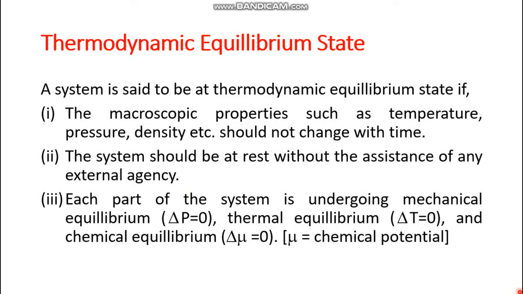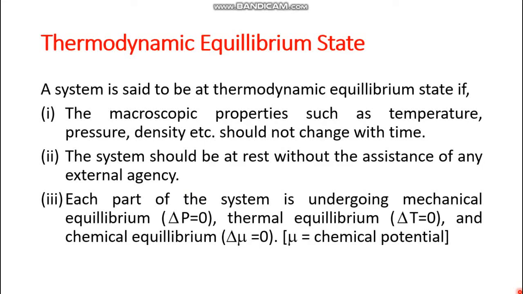Secondly, the system should be at rest without assistance of any external agency. What does it mean? Suppose, for example, take a tank of water. In the tank, the water level remains fixed if there is no leakage at any part of the tank.